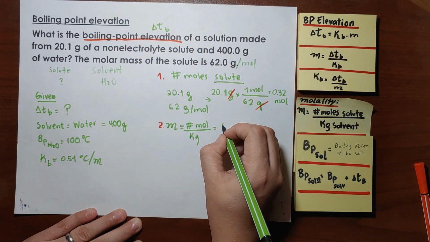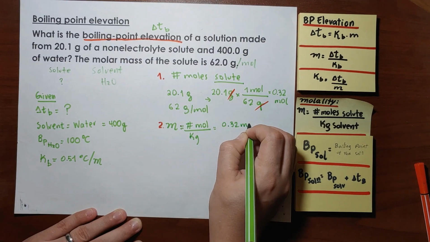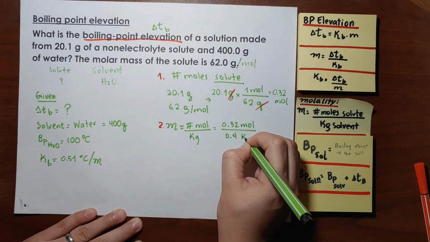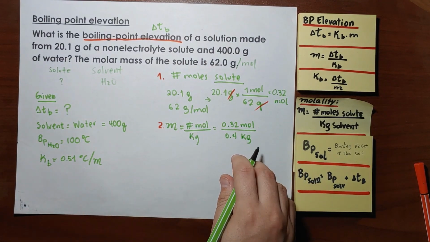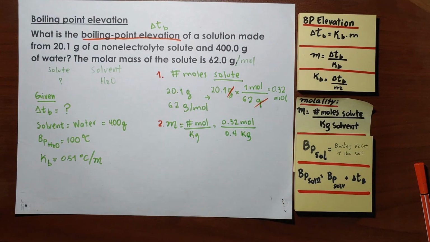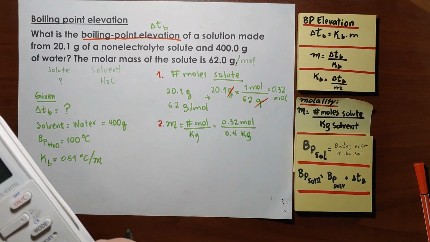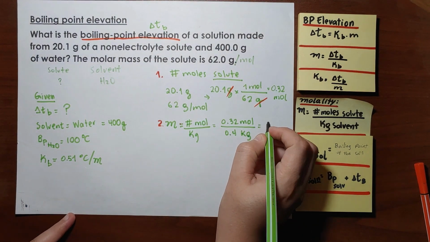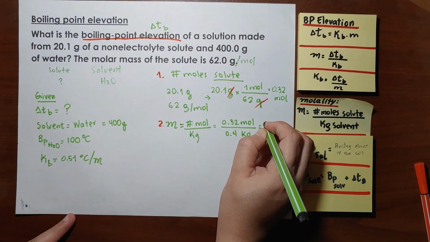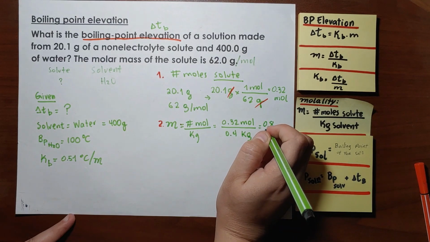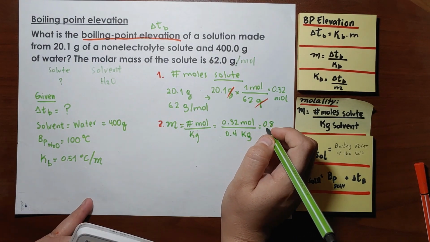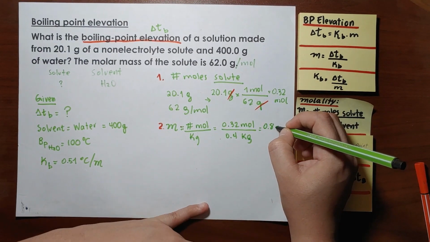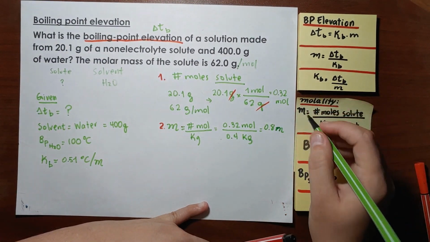So my number of moles is 0.32 moles divided by 0.4 kilograms. 0.32 divided by 0.4 gives me 0.8 mole per kilogram, which is m, molar concentration.